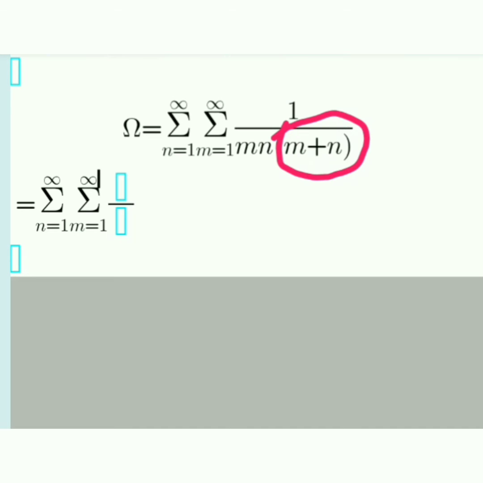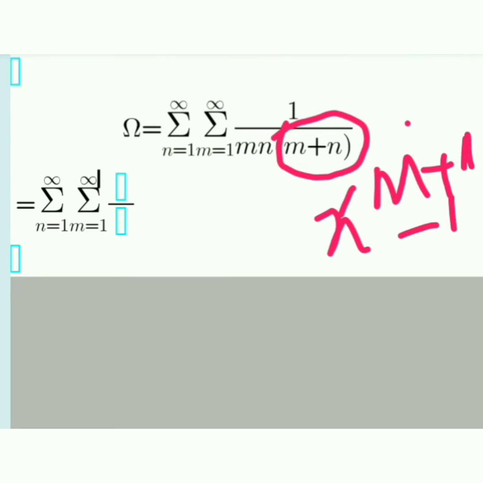It can be written by integrating x to the power m plus n minus 1 with respect to x from 0 to 1. If I integrate x to the power m plus n minus 1 dx from 0 to 1, then I will get 1 by m plus n. This is my funda.